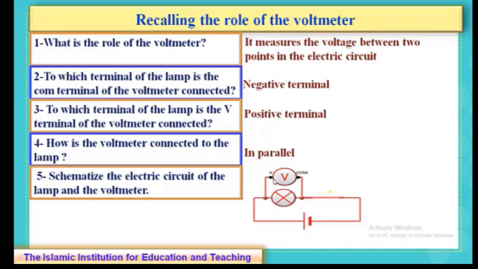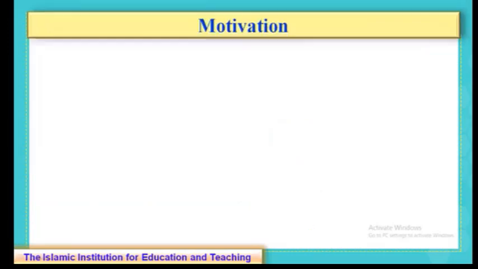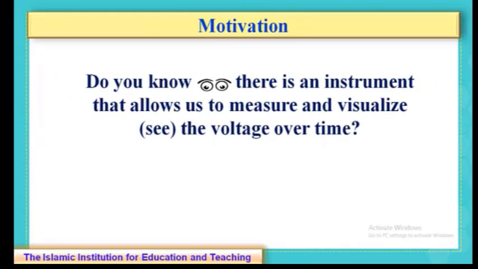It has two terminals, the V terminal connected towards the positive pole and the COM terminal which is connected towards the negative pole, so that we can get a positive reading on the voltmeter. If the voltmeter allows us to measure the voltage across any electric component, do you know that there is an instrument that allows us to measure and also visualize the voltage over time?